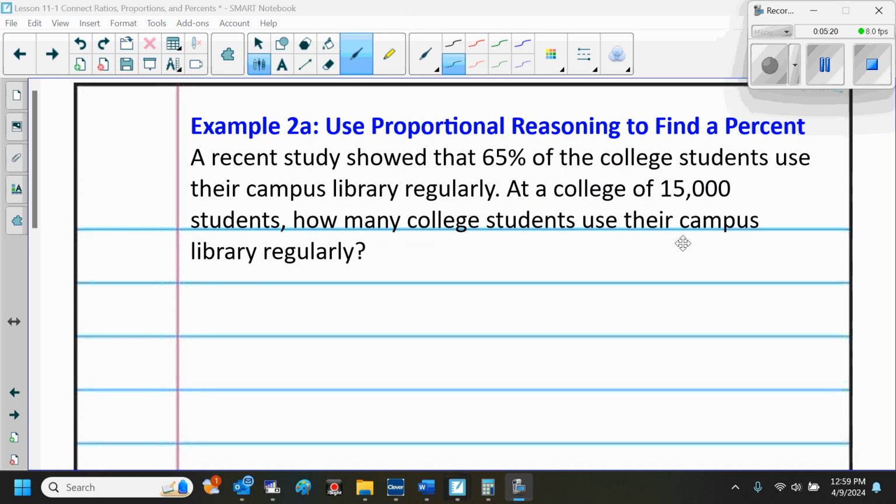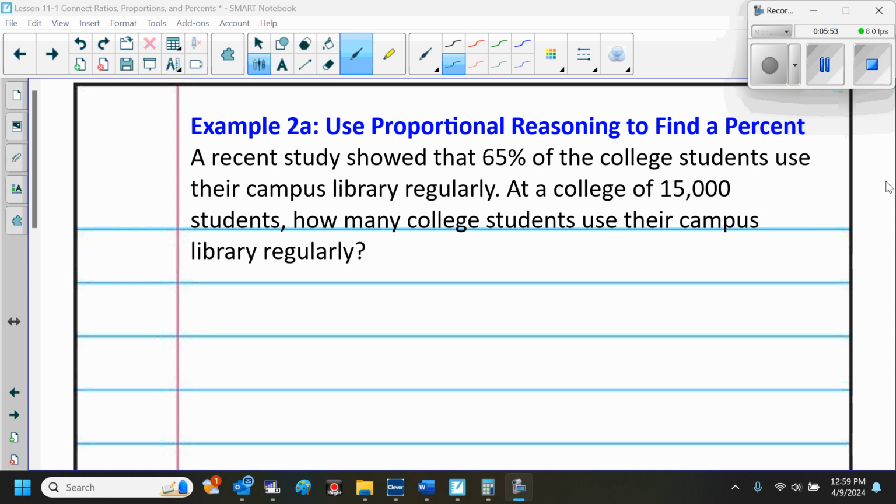Example 2a is use proportional reasoning to find a percent. It says a recent study showed that 65% of college students use their campus library regularly. At a college of 15,000 students, how many college students use their campus library regularly? On this one, I would like to use an equation.